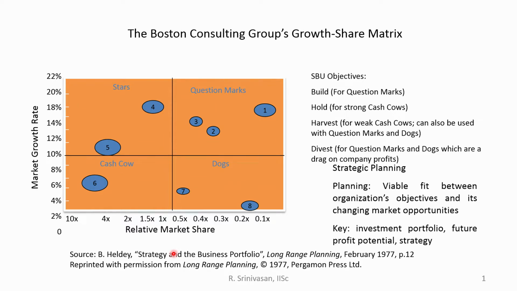Any company which is operating in the market, we divide it or bring it into different compartments and call them SBUs. What is an SBU? An SBU stands for a strategic business unit. What is the objective of this strategic business unit?